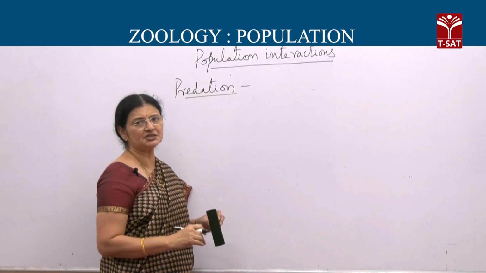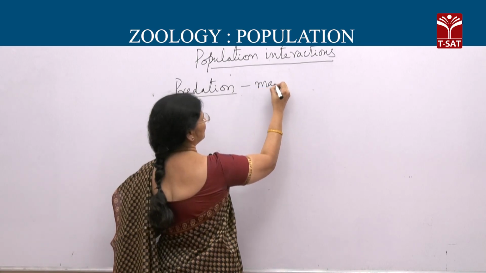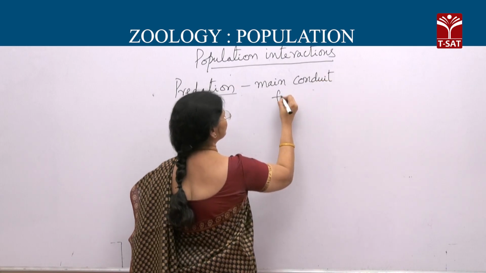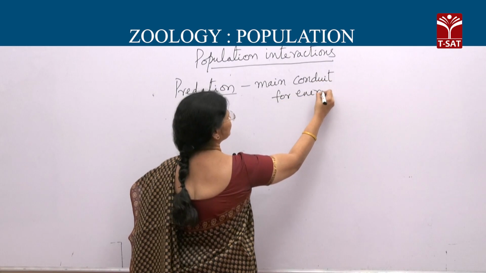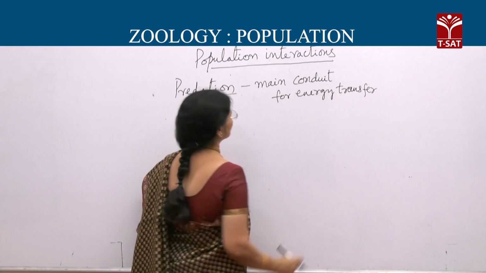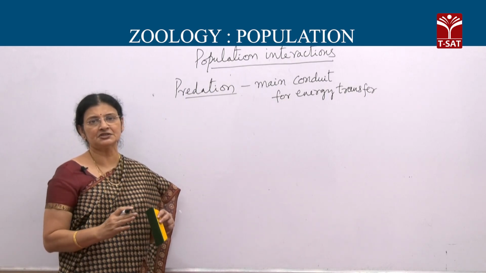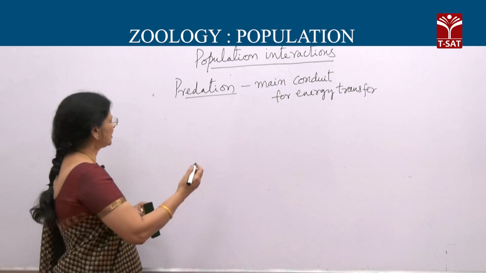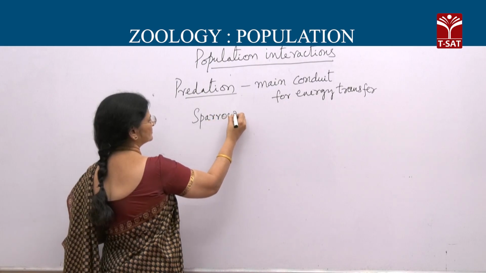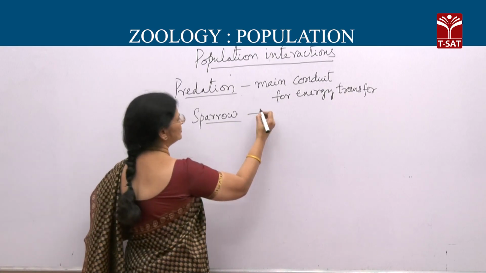Conduit means the main passage for the flow of energy in the ecosystem. It acts as the conduit for energy transfer in a population. Generally we think a predator means a carnivore, but we can consider even a bird like a sparrow as a predator because it feeds on seeds.